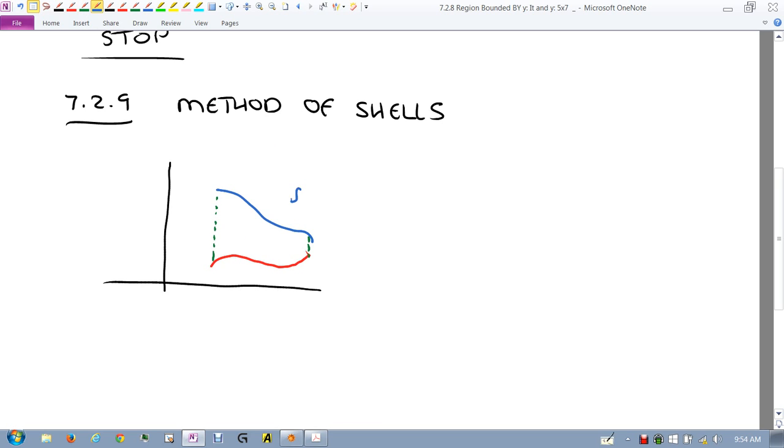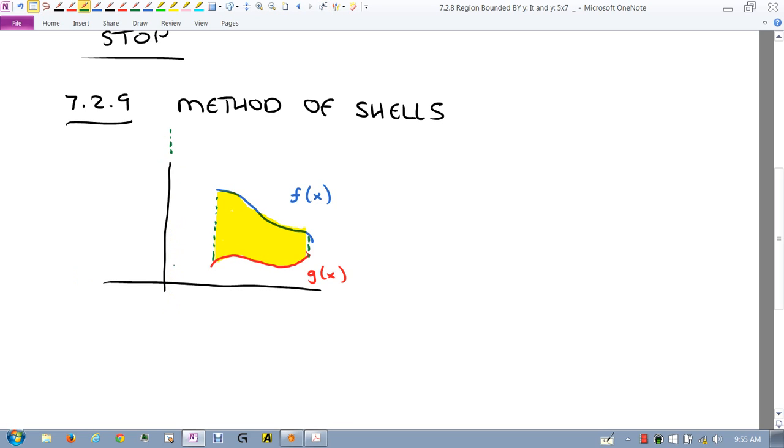So you have like f of x, g of x. And that region, you want it rotated around not a horizontal line, but a vertical line this time, right? We're about to do it on the y-axis, aren't we? So let's see if we can come up with a formula or something for this.